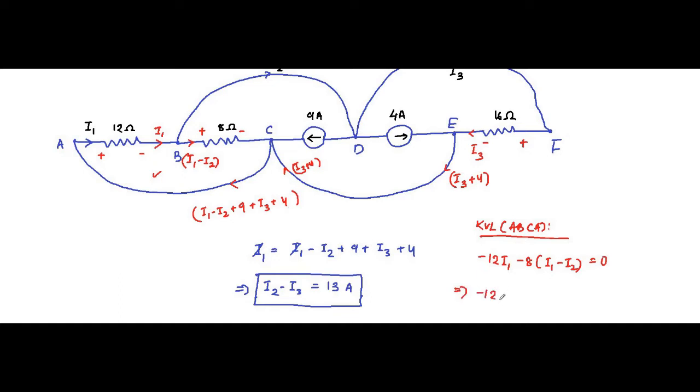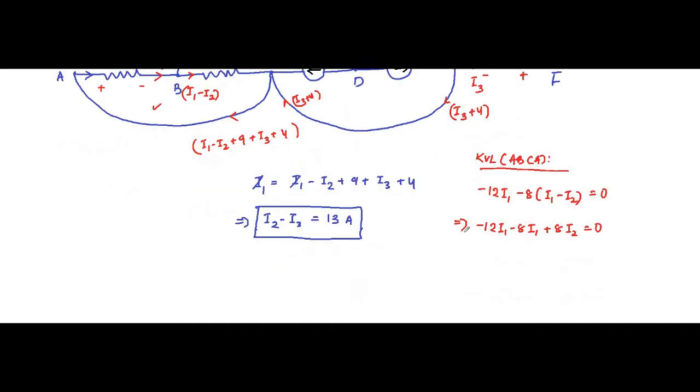That implies minus 12I1 minus 8I1 plus 8I2 is equal to 0, which implies minus 20I1 plus 8I2 is equal to 0. This is another important equation. Let us name them: this is equation number 1, this is equation number 2.